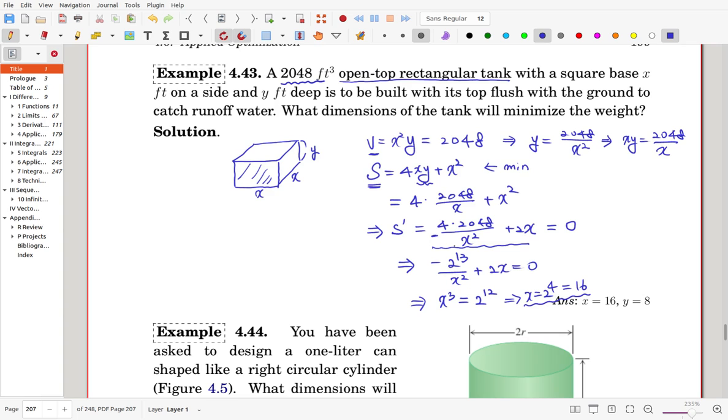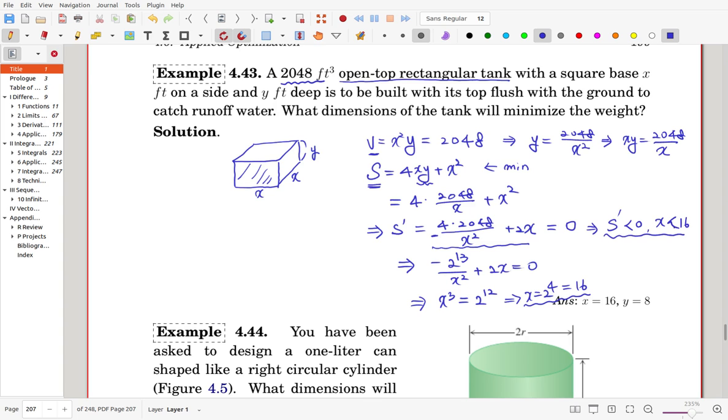But once x is smaller than 16, this quantity will be larger, so S prime will be negative when x is less than 16.